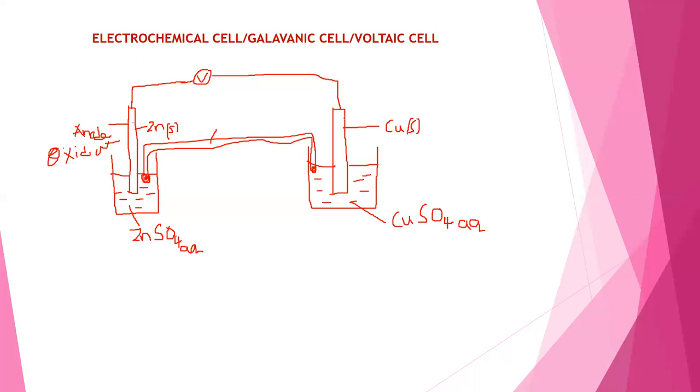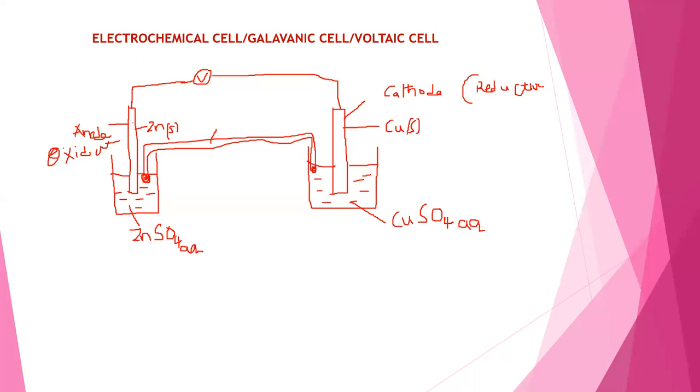Then this side is the cathode, an electrode where there is reduction. So on this side, the reduction is taking place.